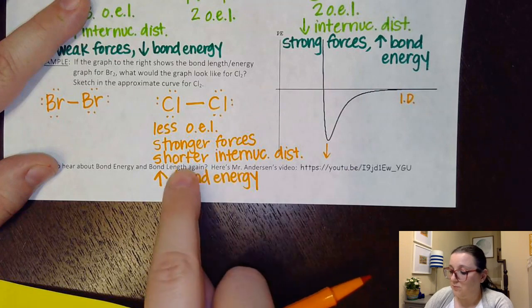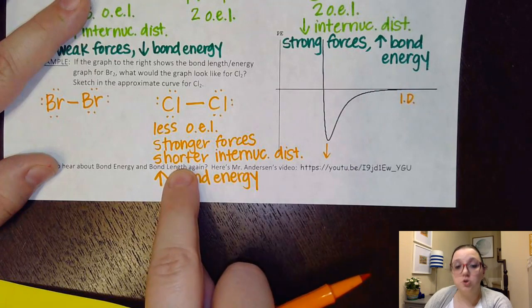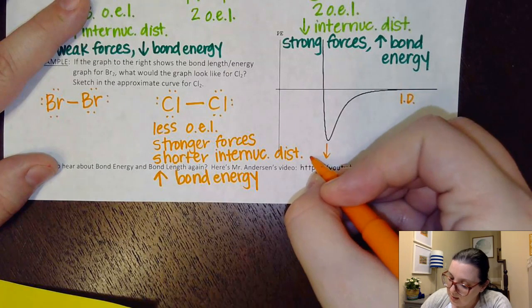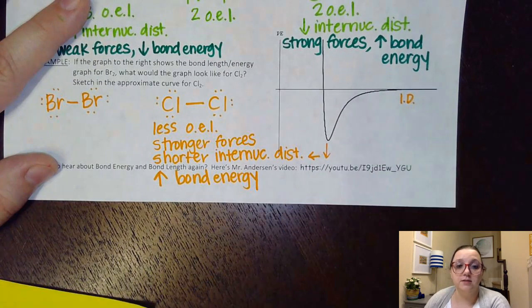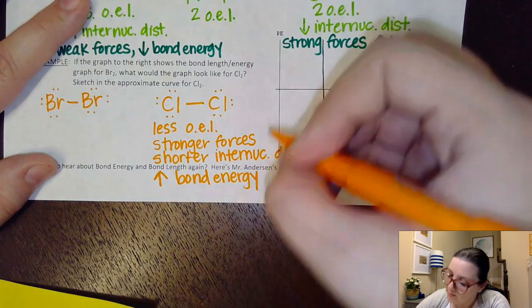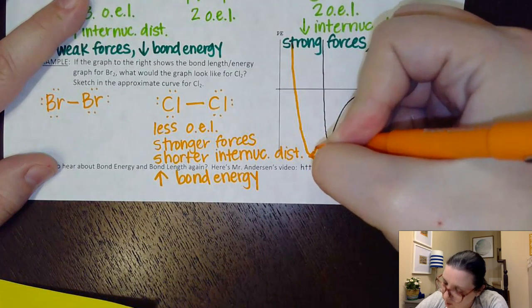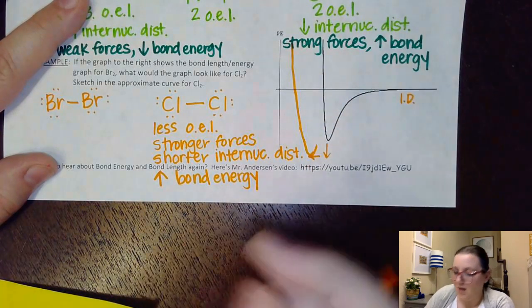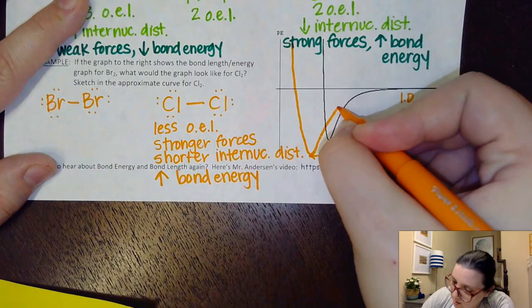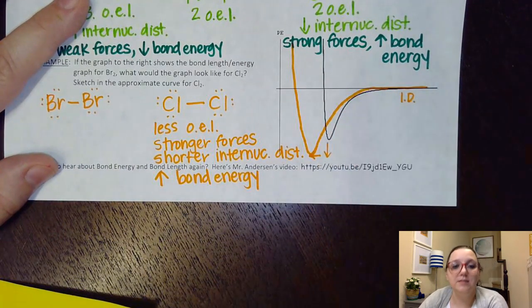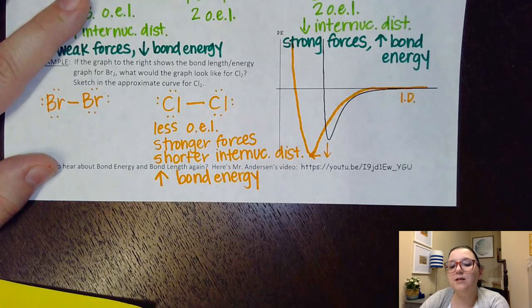And so, as we said, we want that bond length to be shorter. So that also means I need to shift my curve over this direction a little bit. So when I draw in my chlorine curve, I want to make the dip lower and more to the left, to show that its internuclear distance is a little bit less than the bromine.